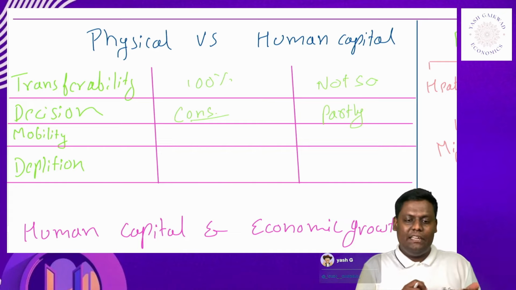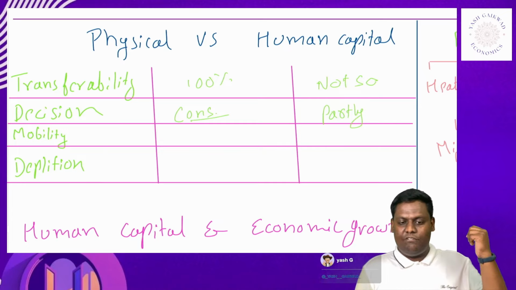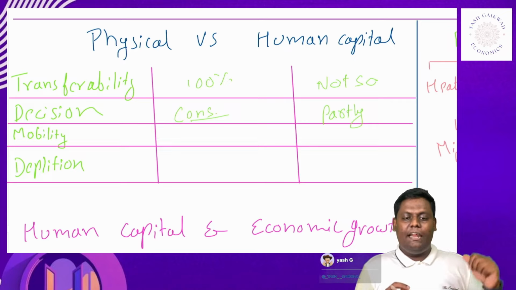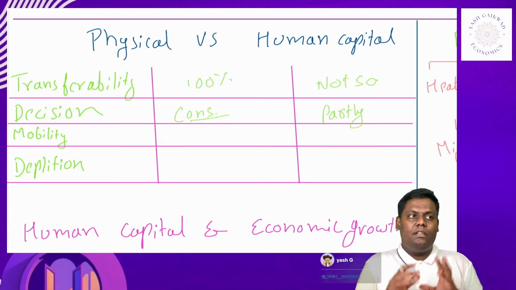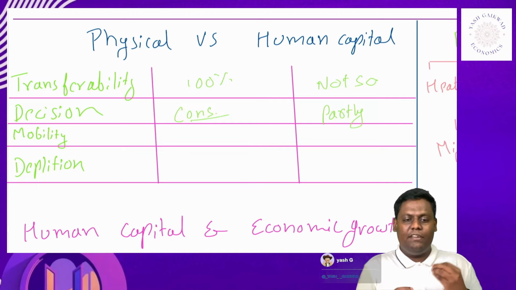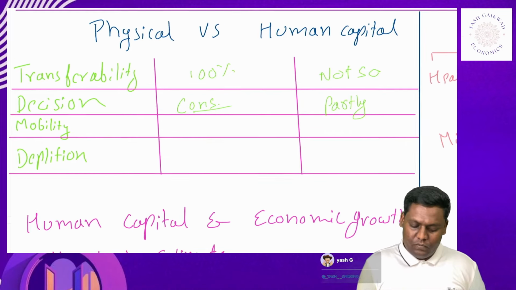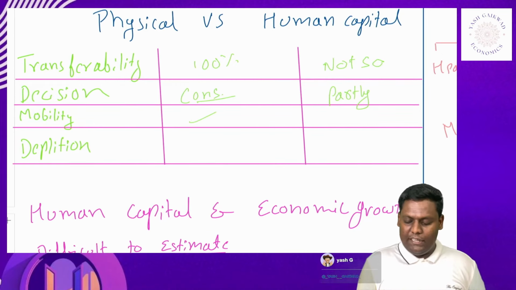Hence, it is partly a conscious decision since there is someone who is thinking about these factors, that is, my parents, and partly it is not so conscious because I have no say in it. At the same time, this decision is also affected by various social and cultural factors in the society that one is born into. Let's talk about mobility.